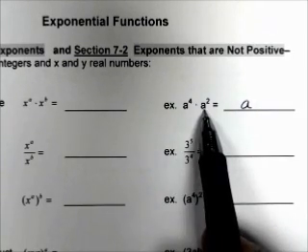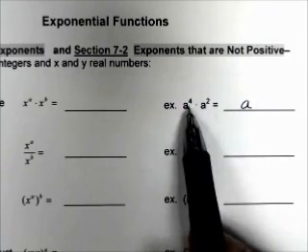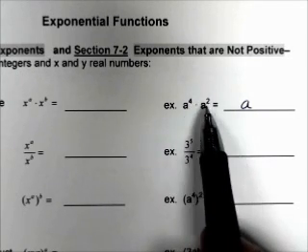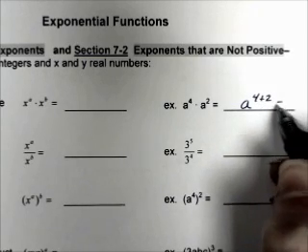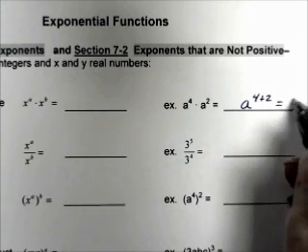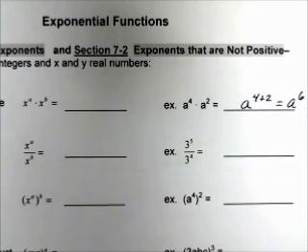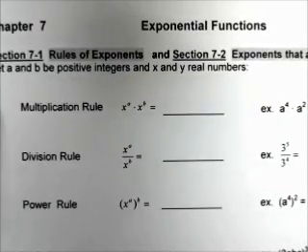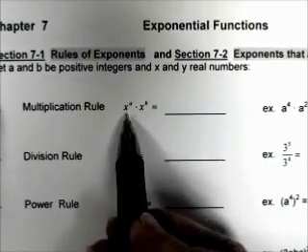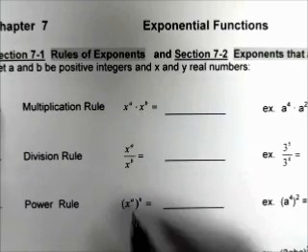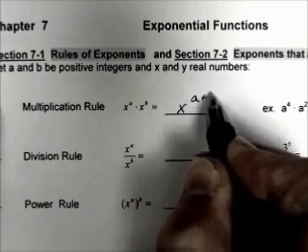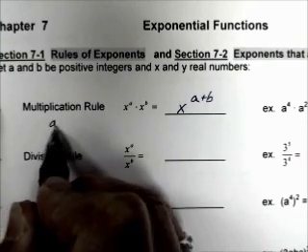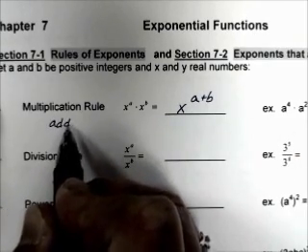Well, when you're multiplying same bases, what's the rule for the exponents is you add the exponent. So that would be a to the 4 plus 2, which we would simply write as a to the sixth. So the general rule, when multiplying same bases, x to the a times x to the b, that is going to equal x to the a plus b. So we add the exponents.